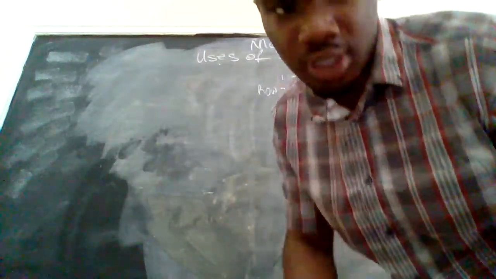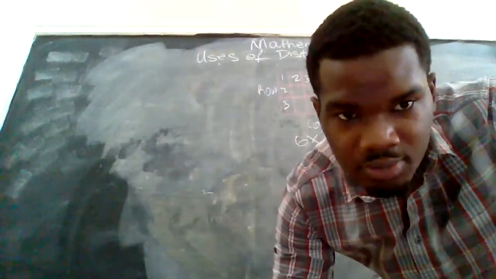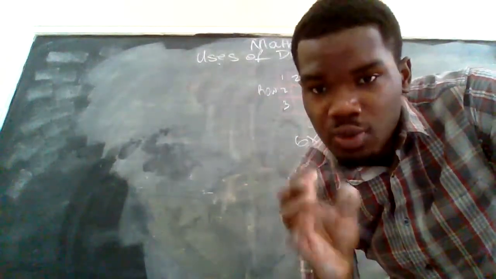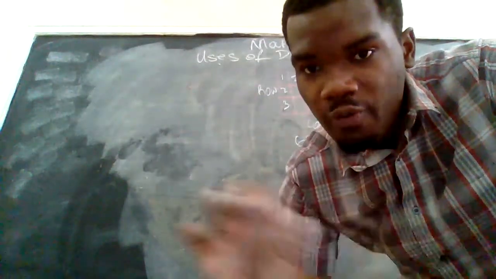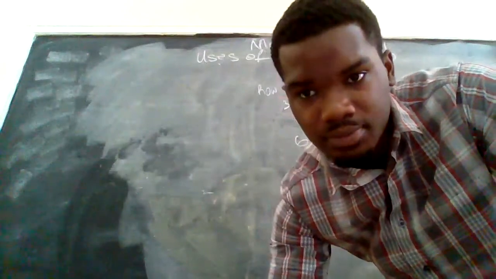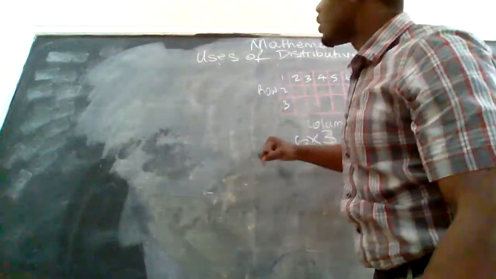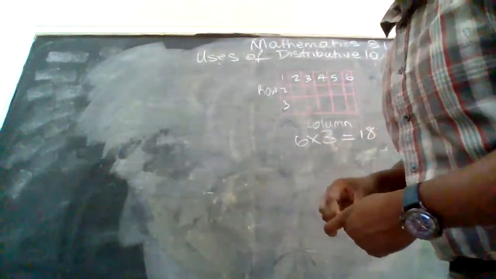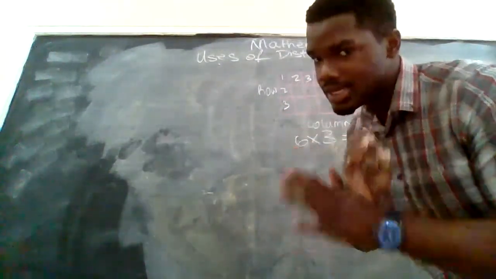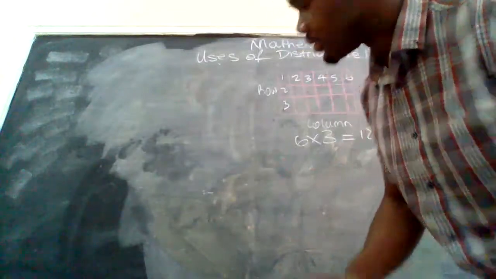Distribution is you distributing a value over addition or subtraction. So this law only works for addition or subtraction. It does not work for multiplication, and it does not work for division.